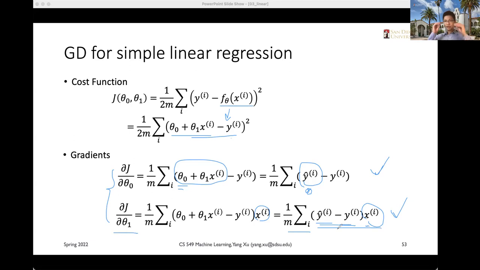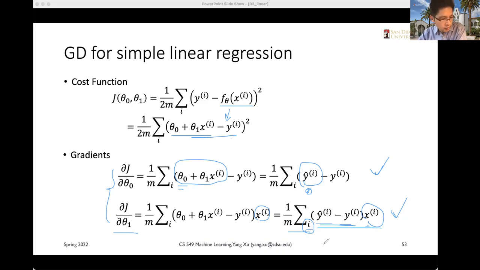A summation of products is something that we can utilize the numpy.dot function to implement efficiently. We don't actually need to use a for loop to go through all these m examples. The counter for the summation is i, and i ranges from 1 to m.